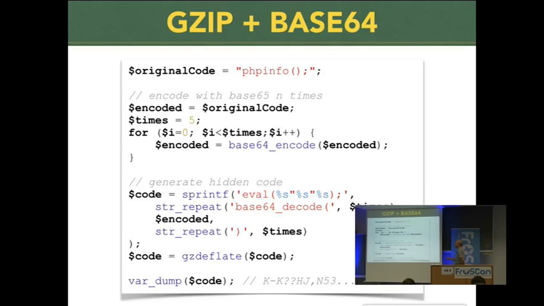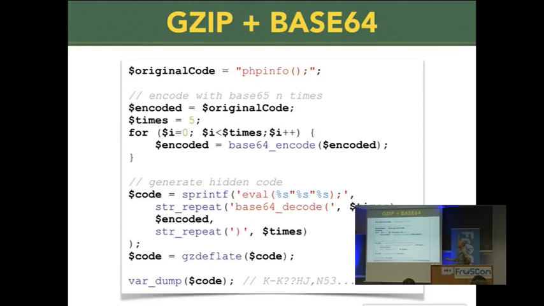So we'll use eval, which is nice for a virus, not for real software. And we'll inject this string, base64_decode, 5 times. The encoded code will go from here, and then the 5 parentheses.